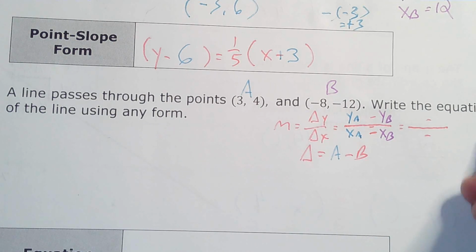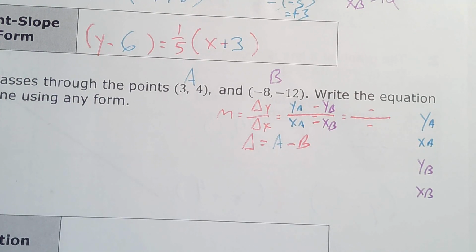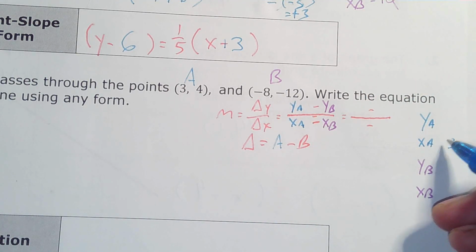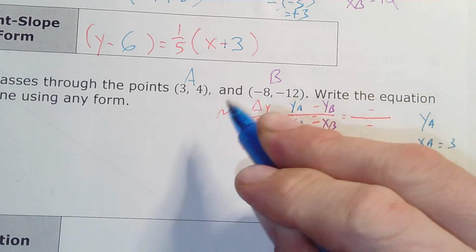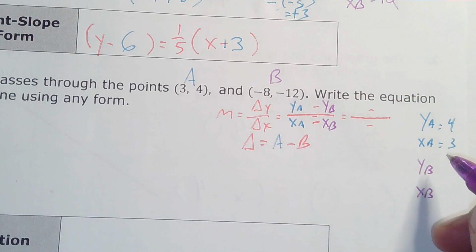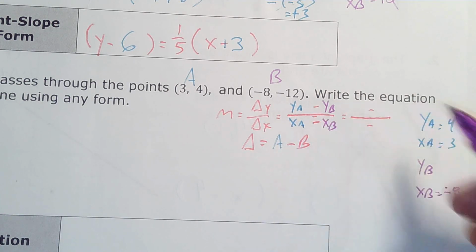So I got my y of A, my x of A, and then my y at B and my x at B. I always put y on top of x because that's how it is in the equation. Okay, so I got x is 3, y is 4, and then x at B is -8. Don't forget the negative signs, and -12.